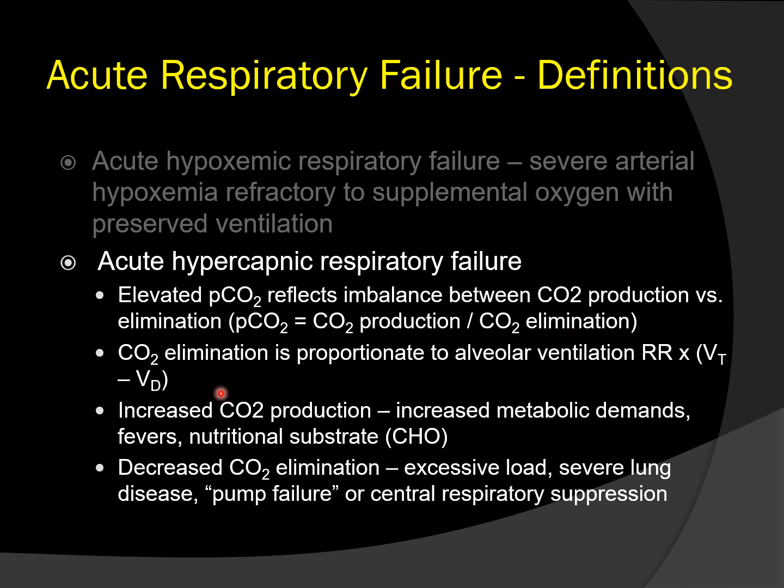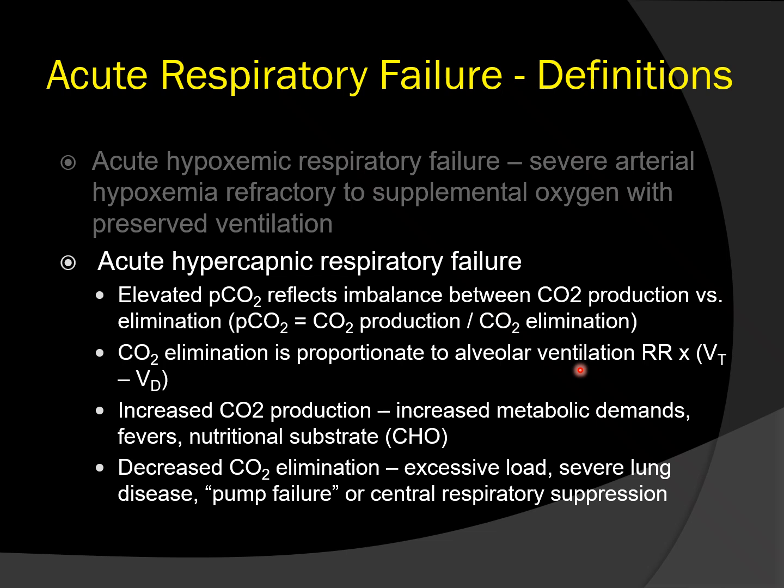Now, how do we eliminate CO2? Elimination of CO2 is proportionate to the alveolar ventilation. Alveolar ventilation is how much of the ventilation reaches the alveolar unit. The alveoli are very efficient in eliminating PCO2 as long as air reaches the alveolar units.